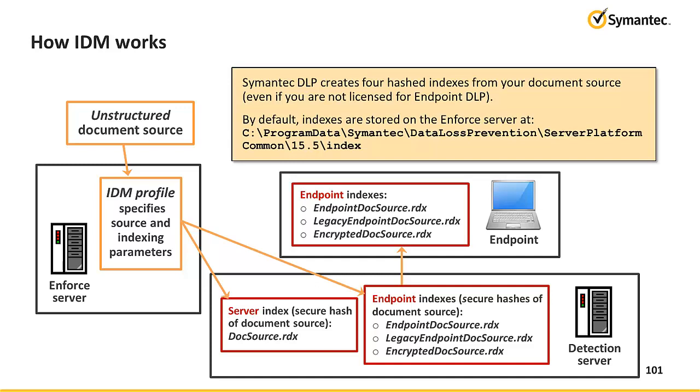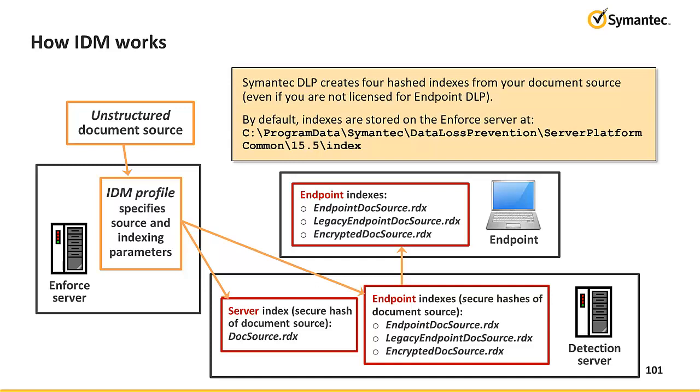Symantec DLP can only perform partial matching on documents that contain text, as opposed to audio or video files, for instance. The IDM index is deployed to all detection servers and endpoints, where it is used for detection. You can refer to the index profile in a policy configured to detect exact or partial matches from the document source.